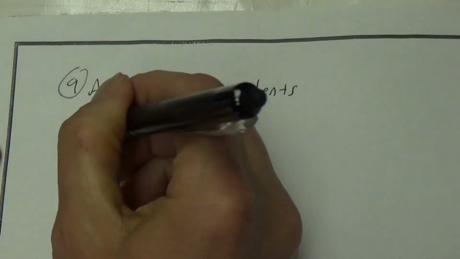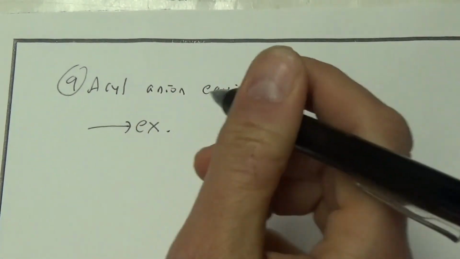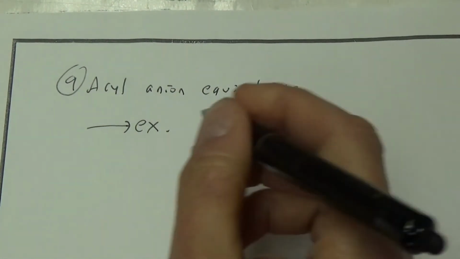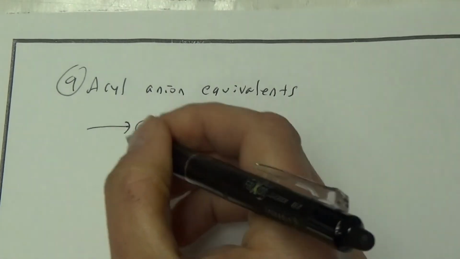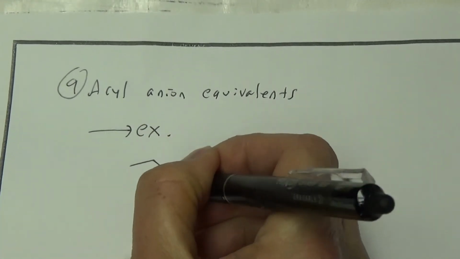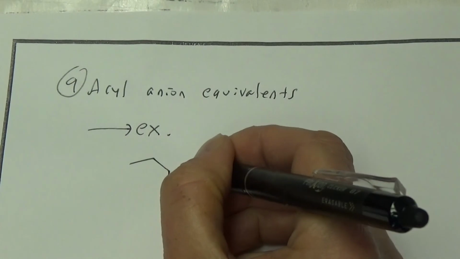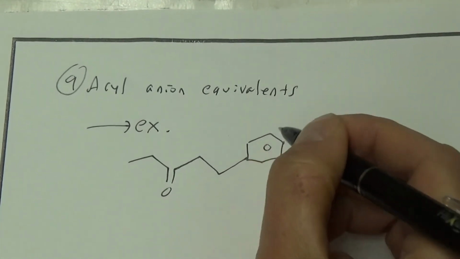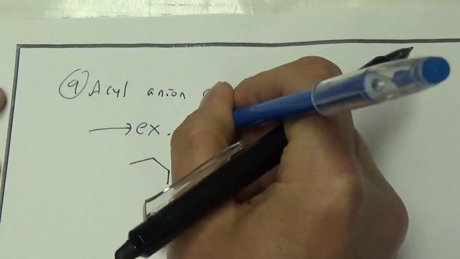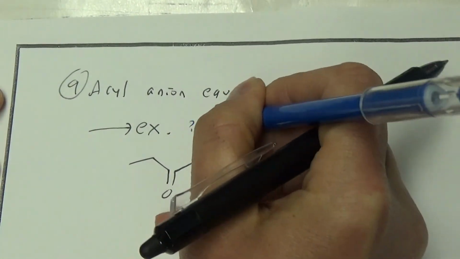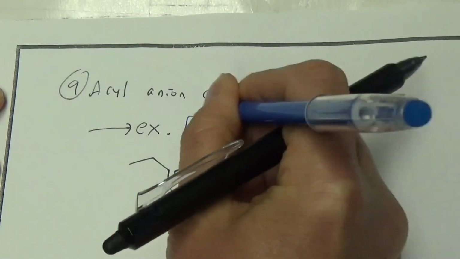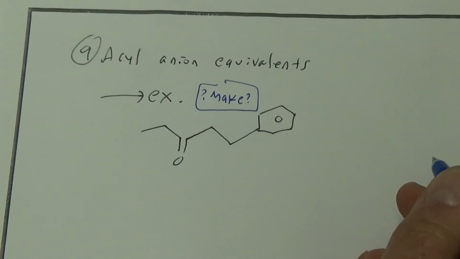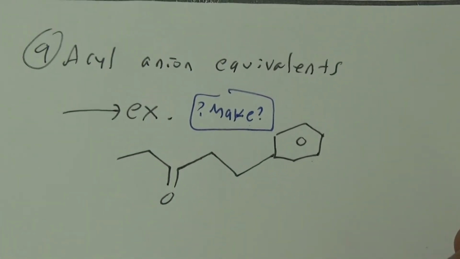Another fun example. It's a really versatile, kind of cool idea, so let's have fun with it. Is there a way we could make this ketone, using thioacetals as acyl anion equivalents?